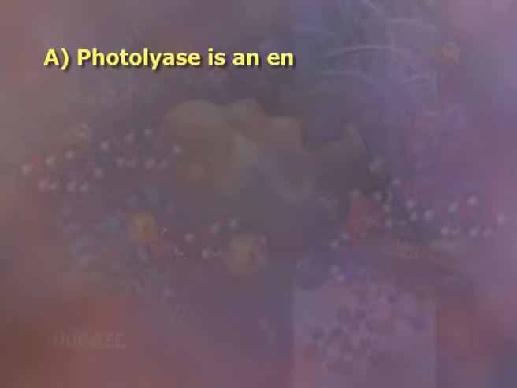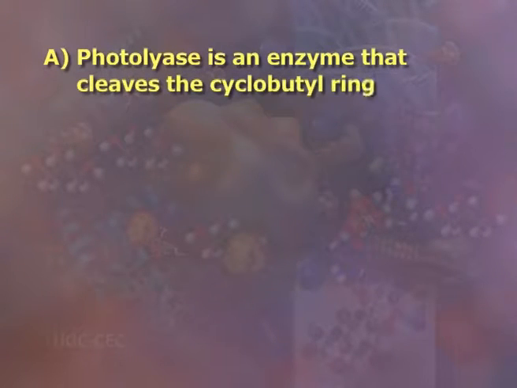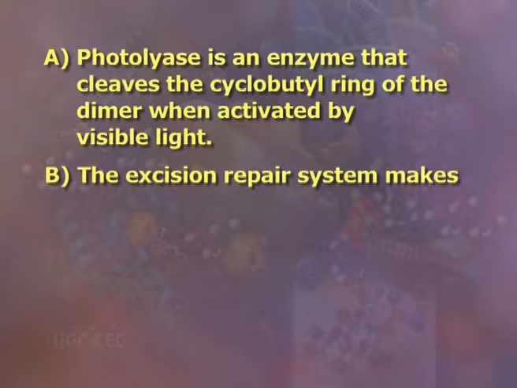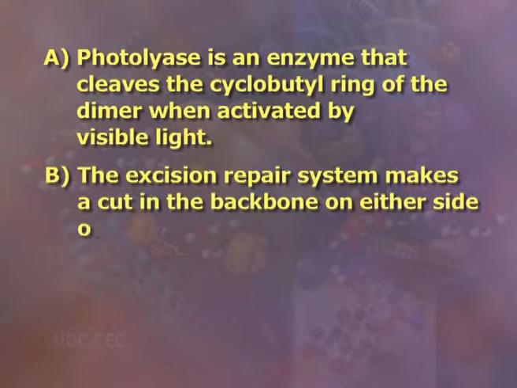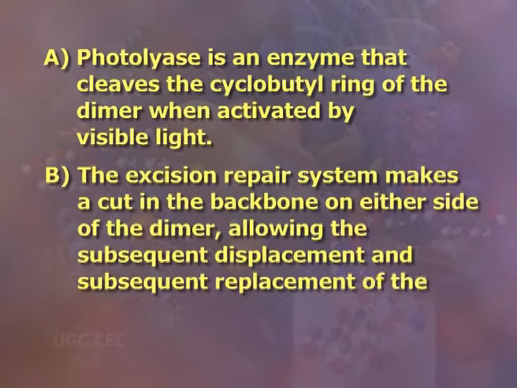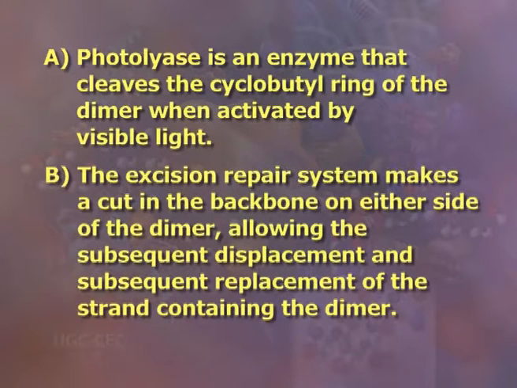Four mechanisms exist for the repair of thymine dimers. Photolyase is an enzyme that cleaves the cyclobutyl ring of the dimer when activated by visible light. The excision repair system makes a cut in the backbone on either side of the dimer, allowing the subsequent displacement and replacement of the strand containing the dimer.